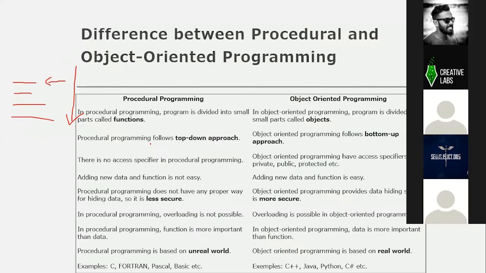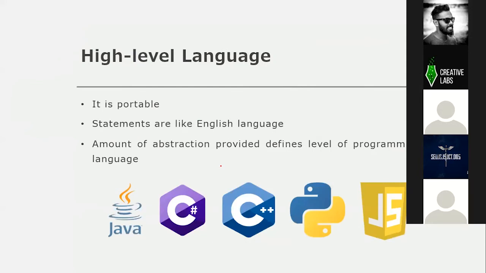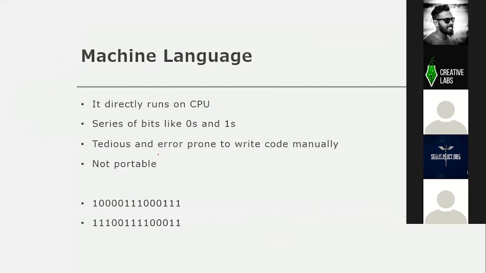Here we talk about machine code. Machine code is the only thing our computer can understand. So for a high level language, there should be a mechanism to convert it into machine language, and then only the computer will understand.